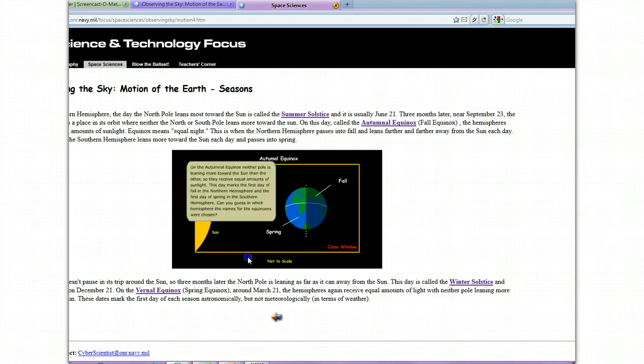If we travel to the autumnal equinox, remember equinox, equal amounts of sun in the northern and southern hemispheres. So in the northern hemisphere it is fall, and in the southern hemisphere it is spring.